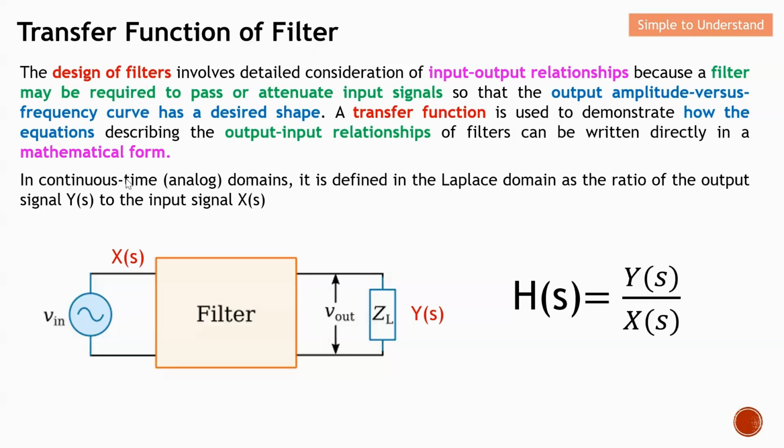In the continuous time domain, it is defined in the Laplace domain as the ratio of the output signal, which is Y(s), over the input signal, which is X(s), over here. So basically this is the transfer function H(s).